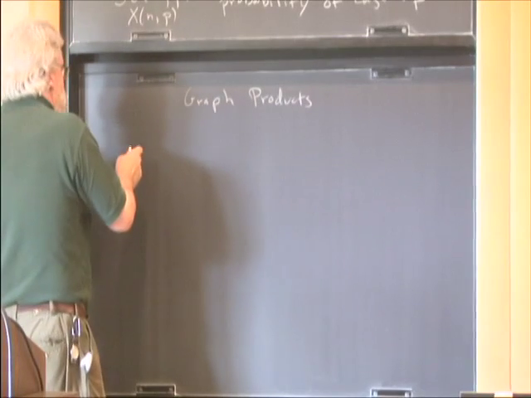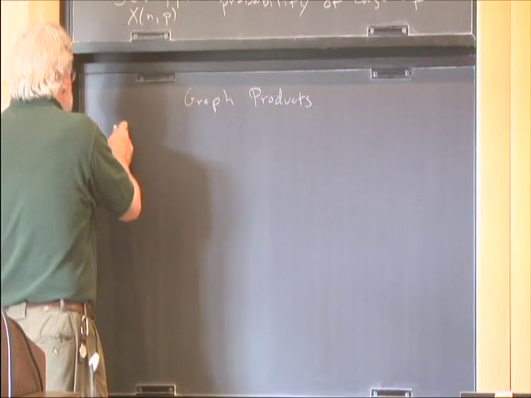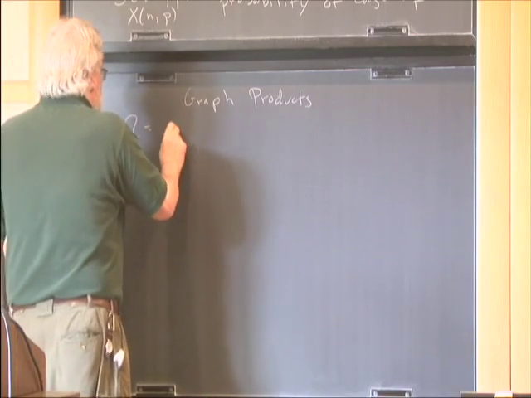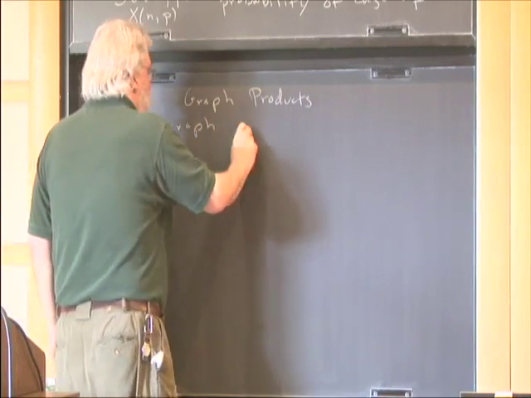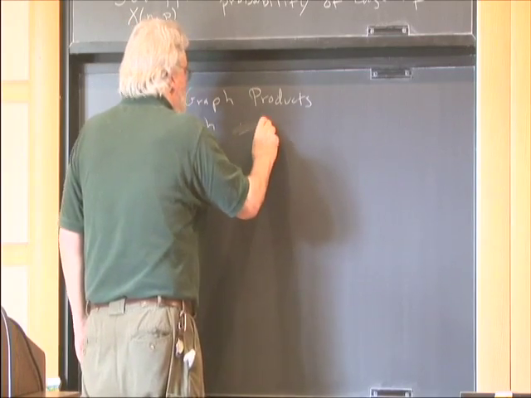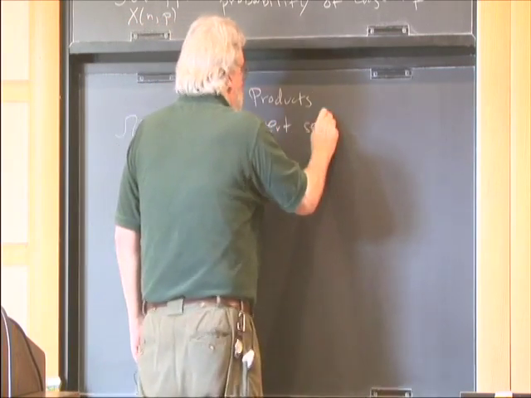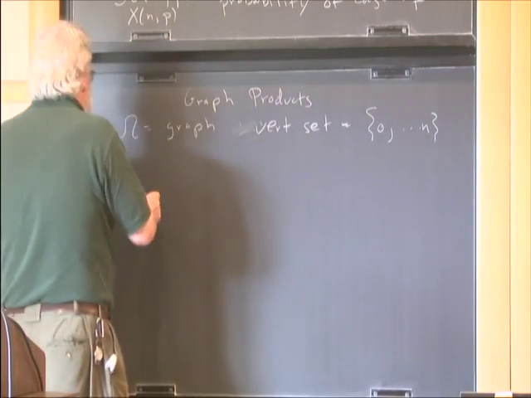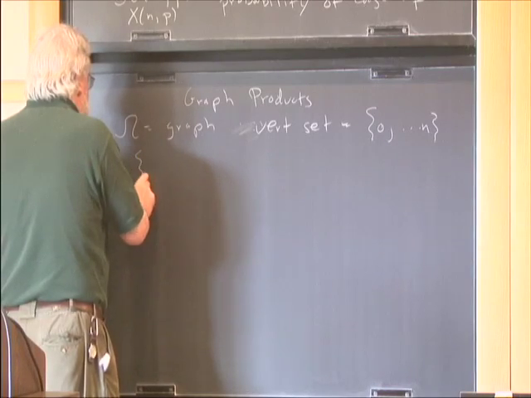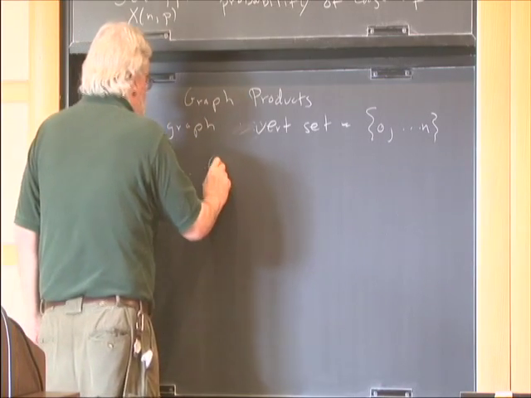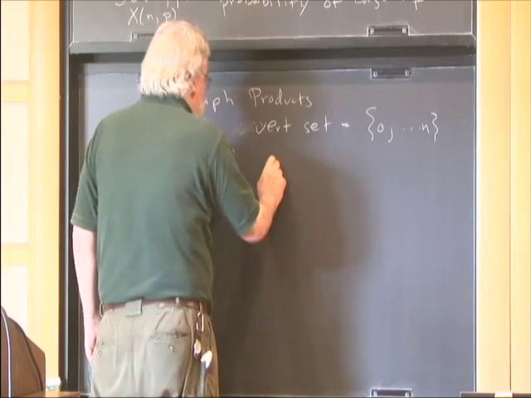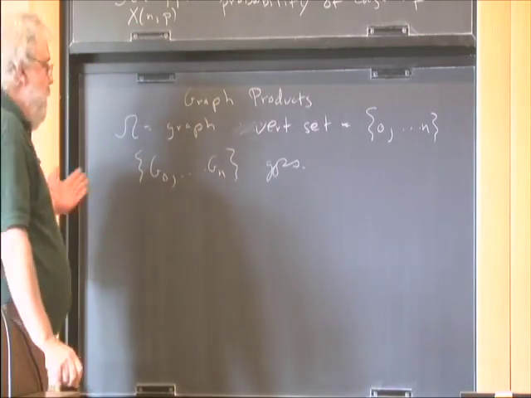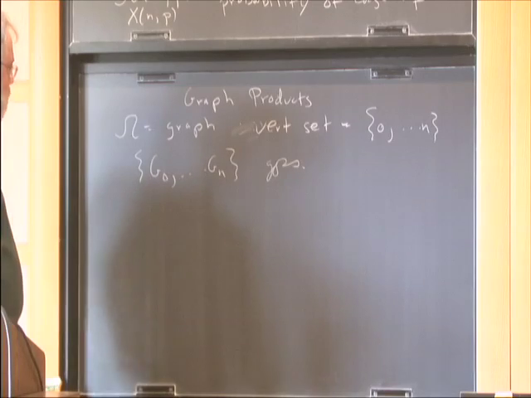And so suppose I have a graph on n plus 1 vertices, with vertex set, say, 0 to n, and for each vertex I have a group, a family of groups. In reality, I don't know how to pick them. We'll probably always have them be the same group.